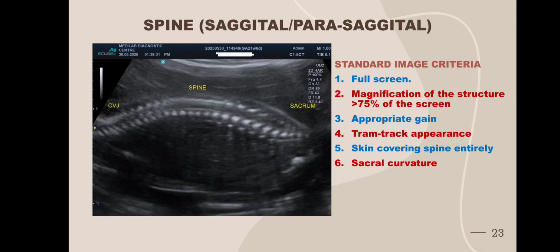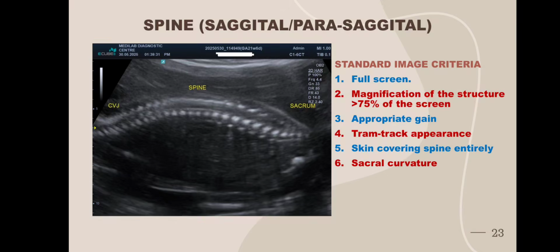After brain, the most important structure of the CNS is the spinal cord. In the sagittal or parasagittal plane, you must show the whole spinal curvature with sacral curve, CVJ, with train track appearance, skin covering the spine entirely, and sacral curvature should be seen.